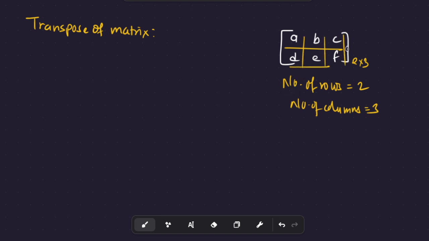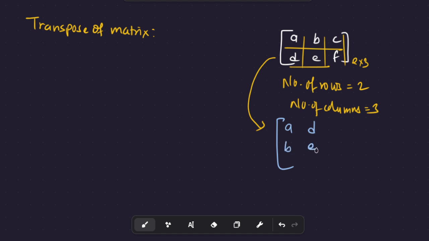Now, the rows and columns can be interchanged to form another matrix. That means if it is transposed, it is transformed like A, D; this column has been transformed to form a row.